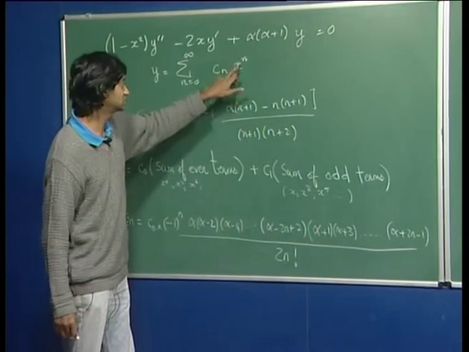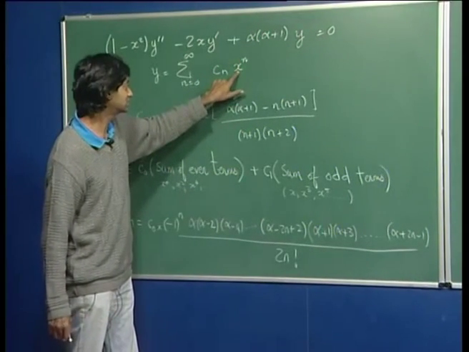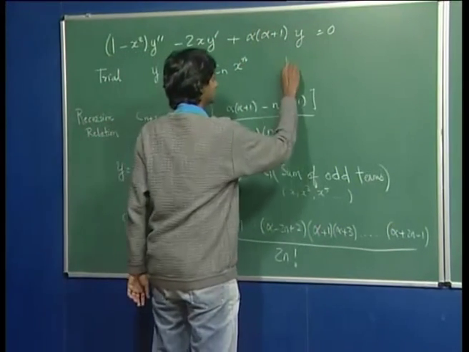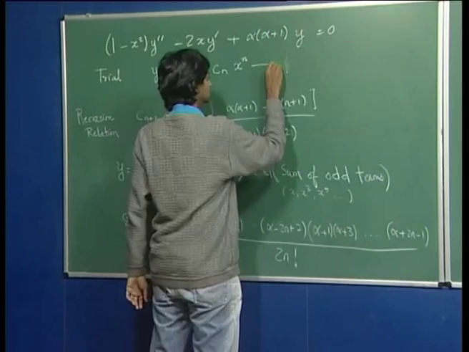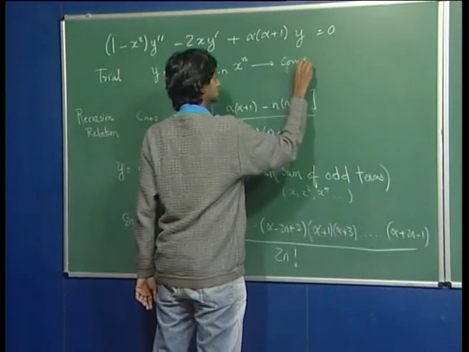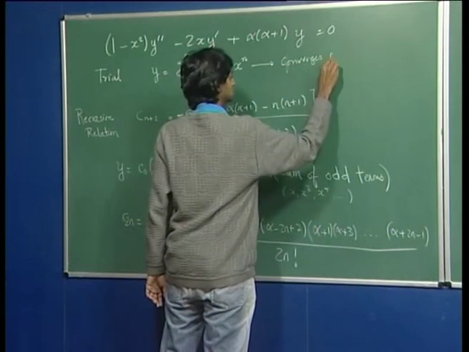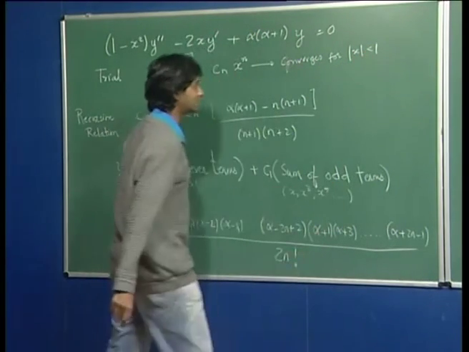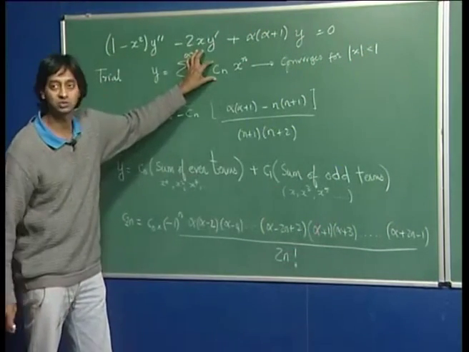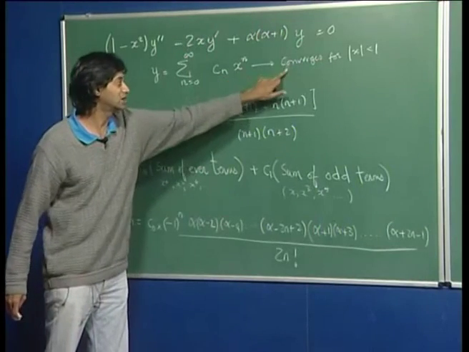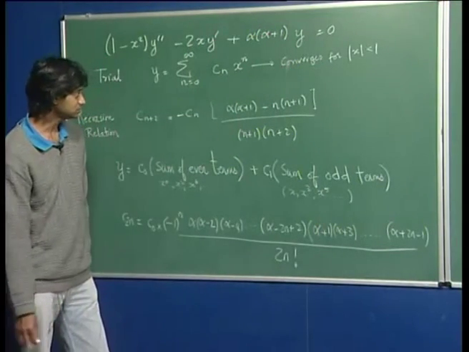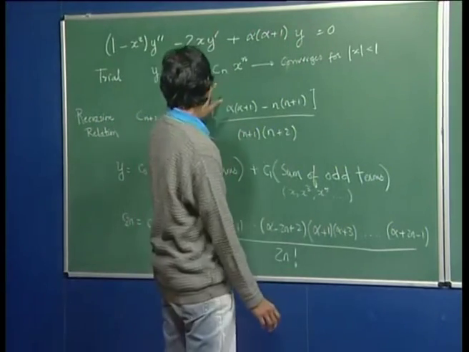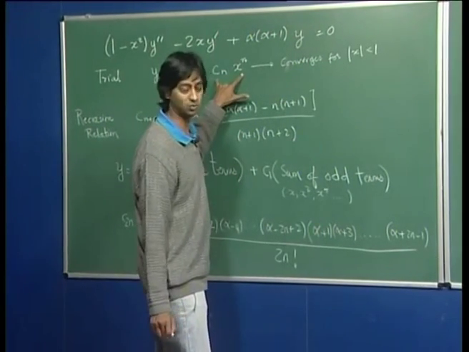Okay. So, this power series, if the absolute value of x is less than 1, converges. It always converges. So, whatever power series you take, it will always converge if the absolute value of x is less than 1. Okay. So, the only concern is what happens when x equals 1.